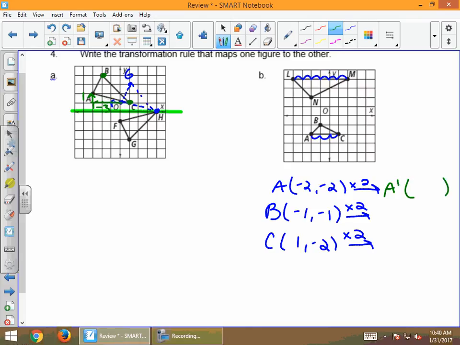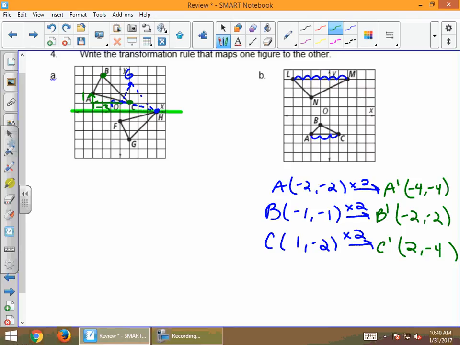A prime is what? -4, -4. B prime would be what? -2, -2. And C prime is 2, -4. Okay, so go ahead and plot those points.